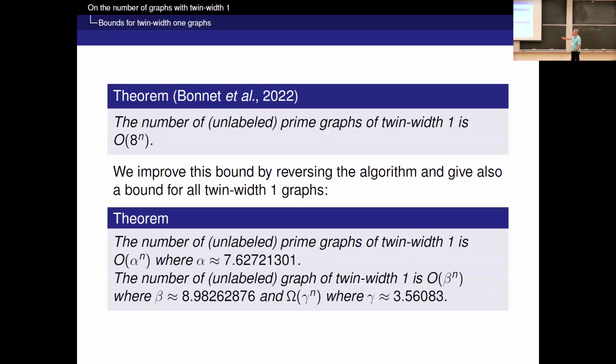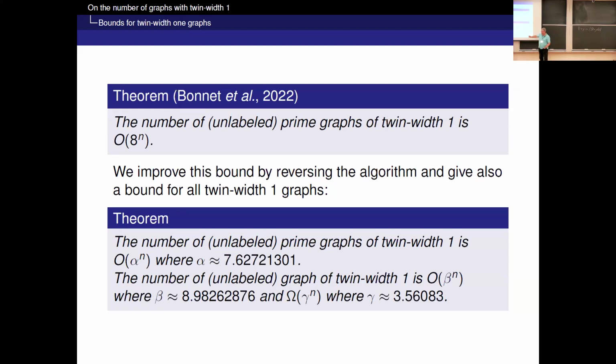And what we show is that this bound can be improved, well, exponentially improved actually, to this value here as exponential basis. And for the number of unlabeled graphs of twin width 1, not necessarily prime graphs, we also get a bound, which is a little bit larger, with the exponential basis close to 9.